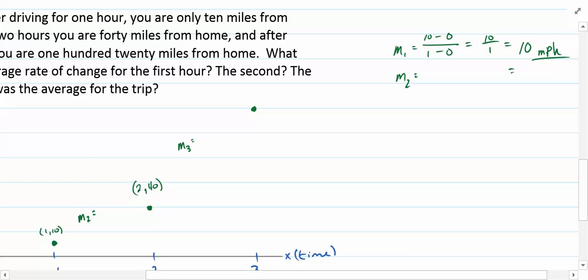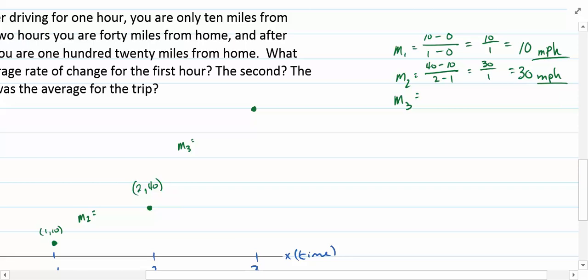So we should average 30 miles per hour. Let's see if the math supports that. We'll have 40 minus 10 divided by 2 minus 1, and that's absolutely true. We have 40 minus 10, that's 30. 2 minus 1, that's 1. We have 30 miles per hour for that second leg of the trip.